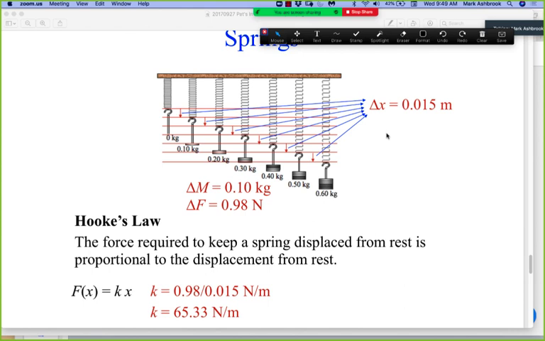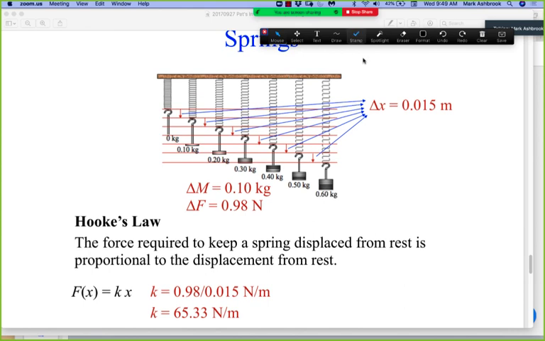Okay, so let's look at this. What we're talking about means that if you stretch the spring a little bit further, say delta x is 0.05, then there'll be a change in force required.